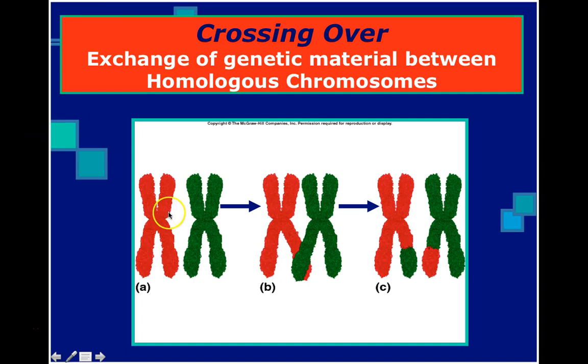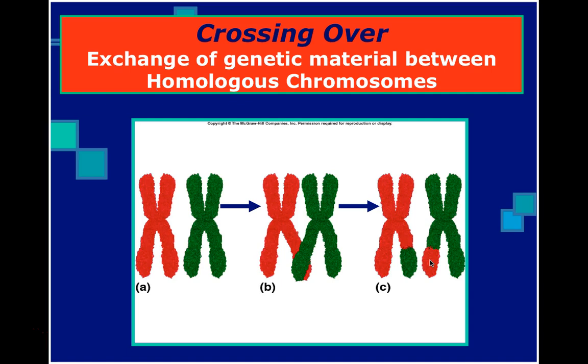So let's just say, for example, the red chromosome is coming from dad, and the green chromosome is coming from mom. If you have an exchange like we see here, here would be the point of synapsis, this is our tetrad. And now this piece of the green chromosome has attached itself to the red, and the red has attached itself to the green. Now this is good, this is okay, nothing terrible happens.